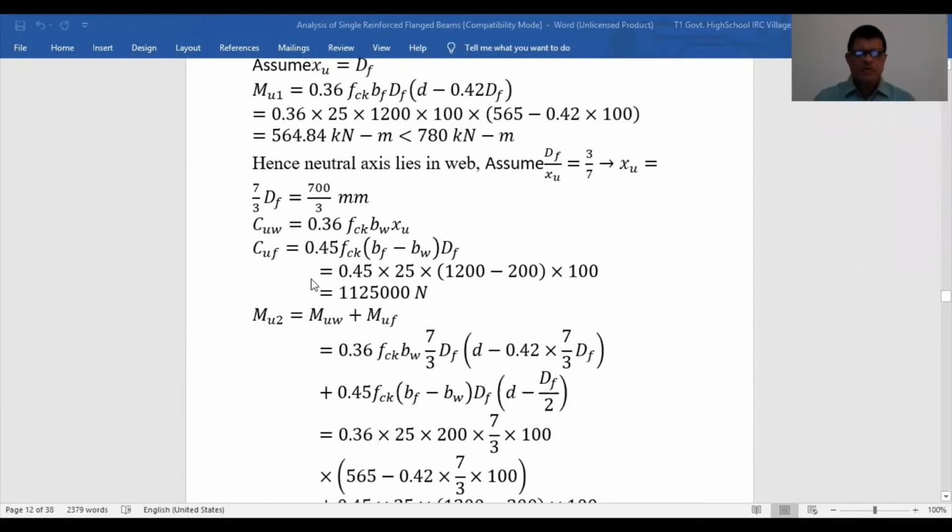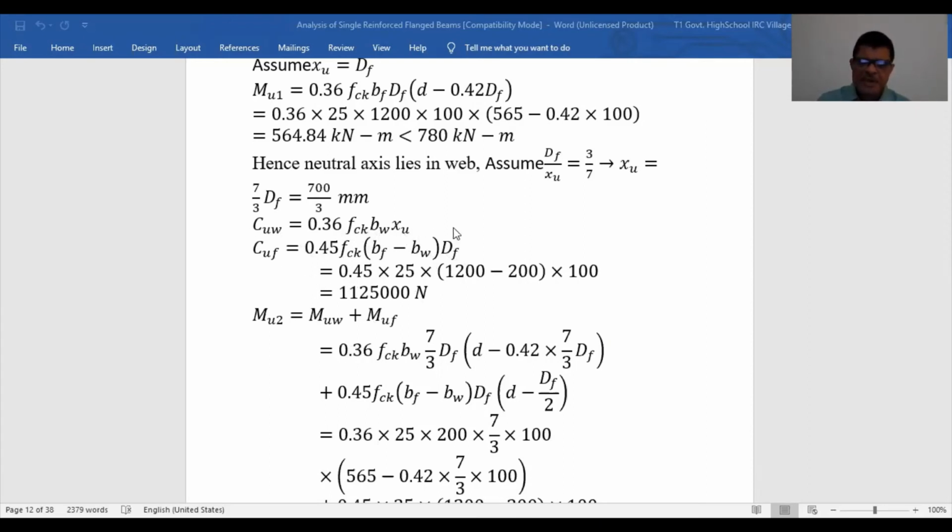The compressive force due to the web is 0.36 fck bw xu, and then the compressive force due to the flange is 0.45 fck (bf minus bw) into Df, that will remain constant. So basically the moment is equal to force into the lever arm.